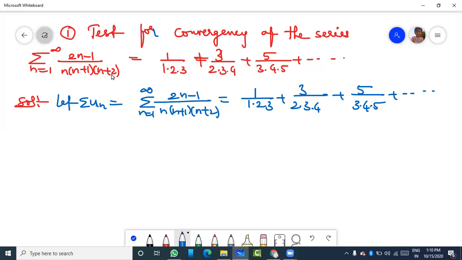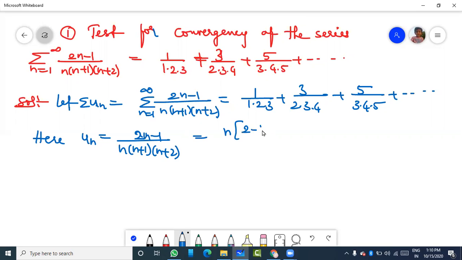If they have given this series, then you can write the expression of the n-th term. Then we take un is equal to (2n minus 1) by n into (n plus 1) into (n plus 2). Here in the numerator n is common, that is n times (2 minus 1 by n).